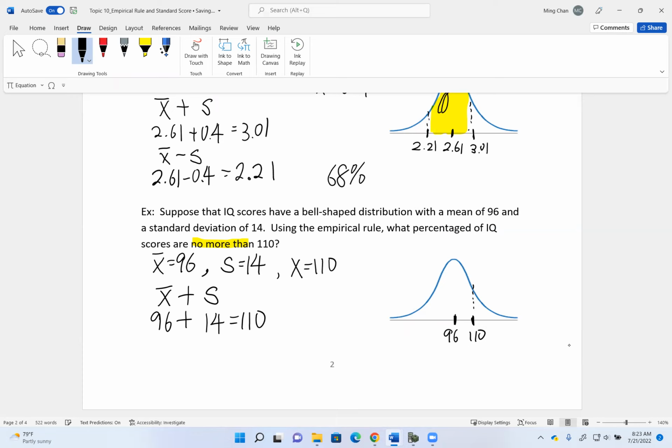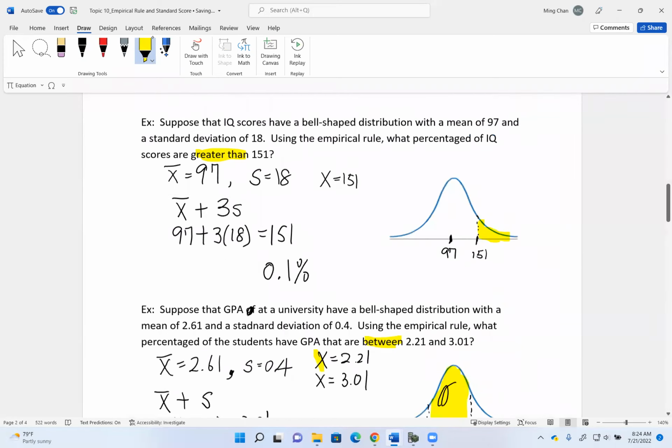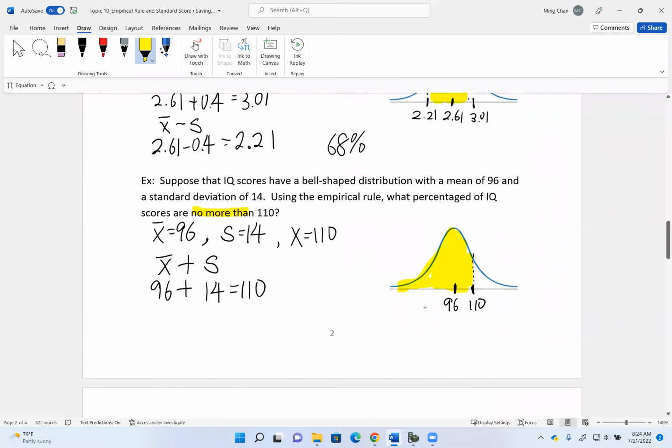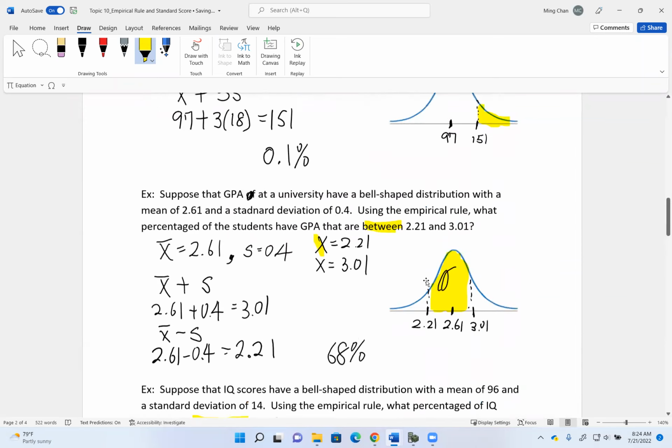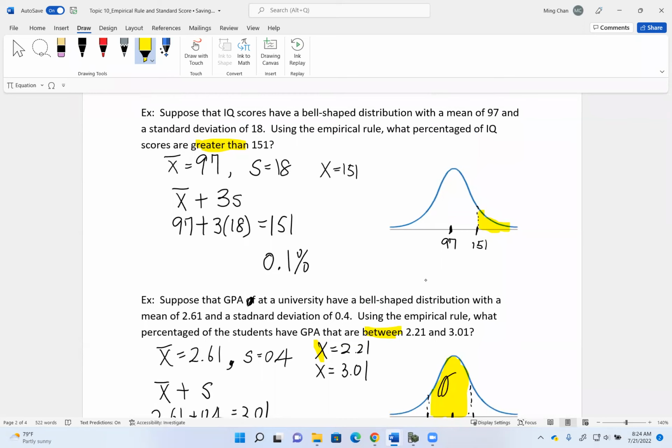So the wording, no more than 110, means to the left of 110. So all the percentage to the left side of that 110 is what I'm looking for. There are two ways we can go about doing this, once you've established which side you're looking at of that 110. The first one was greater than, to the right.